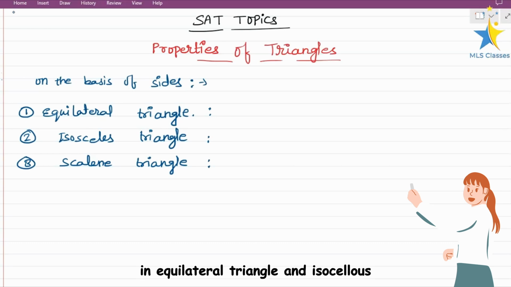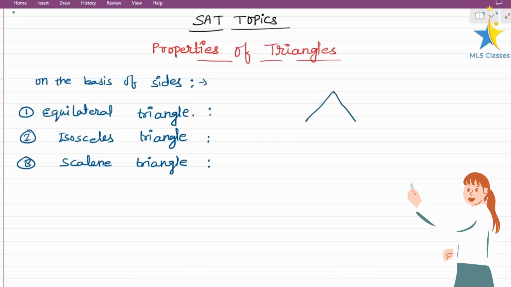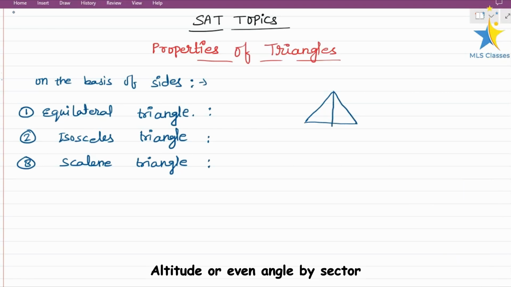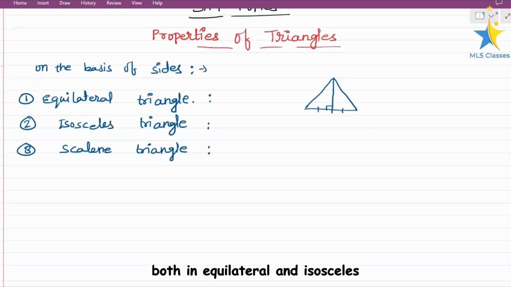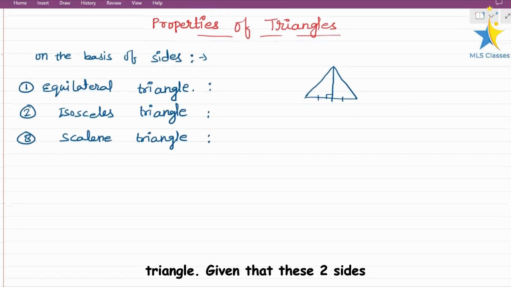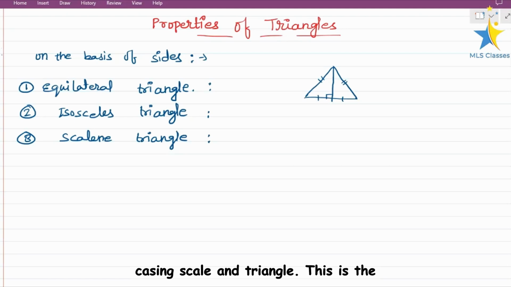And in equilateral triangle and isosceles triangle, if we draw any altitude or even angle bisector from the equal sides, that will perpendicularly bisect the base, given that these two sides are equal. But there is no such case in scalene triangle. This is a basic property which is widely used for other topics in triangle.